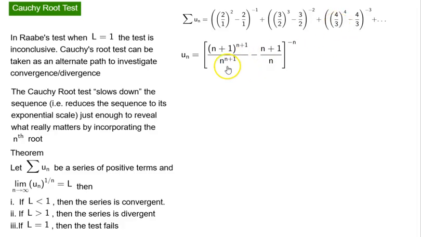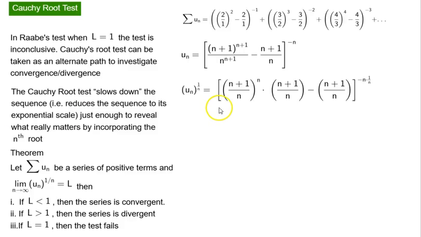That is 3 to the power of 4. So, since both are 4, we have taken it out. And here we have minus n plus 1 by n to the power of minus n. So, that's how we got the nth term.